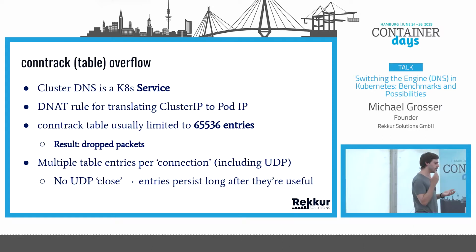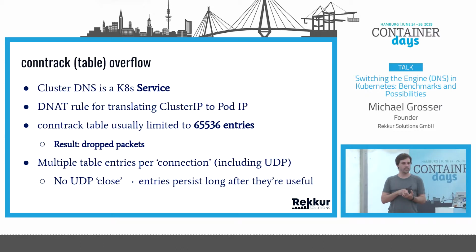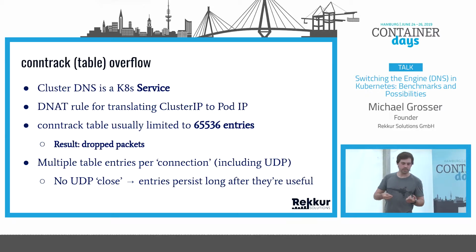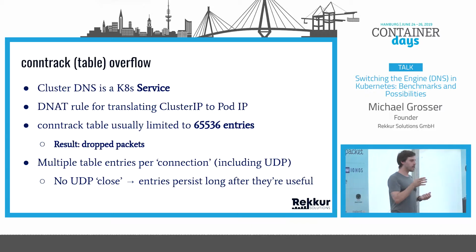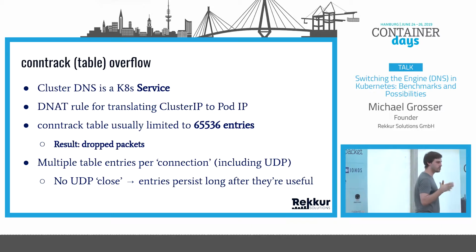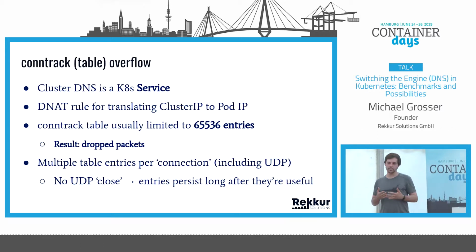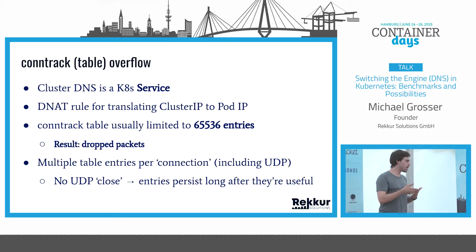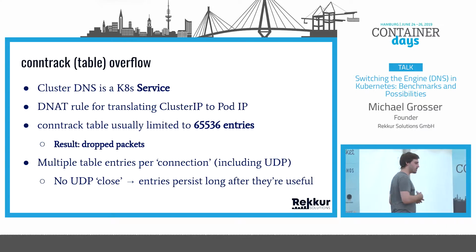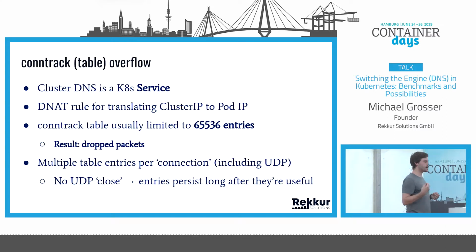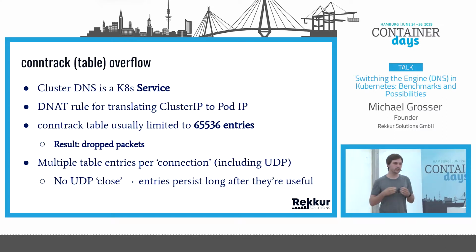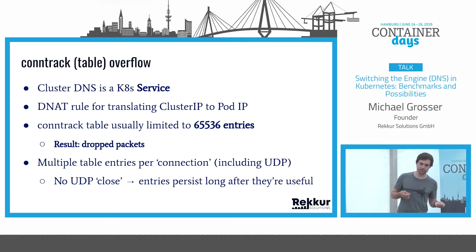So basically, if a DNS query comes in at that cluster IP, with iptables rules or IPVS, it will move that to the pod IP to basically make the query end up where it should be. But the problem is this rewrite and basically using the cluster IP fills up a specific table called the conntrack table, which is used for connection tracking.